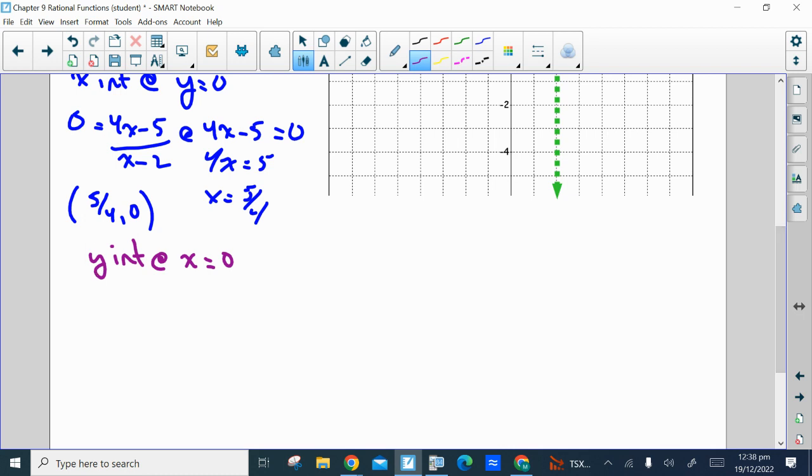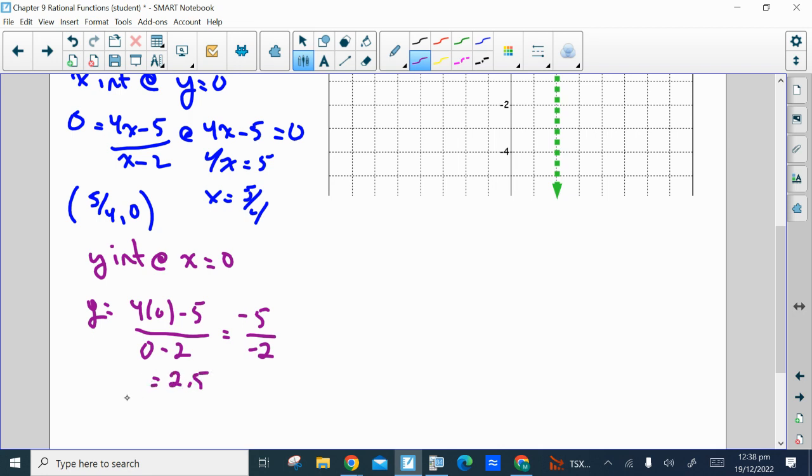So in this case, we want to find the y-intercept by letting x equal 0 in the equation. So 4 times 0 is 0. Take away 5 is negative 5, over 0 take away 2 is negative 2. And negative 5 divided by negative 2 is positive 2.5.